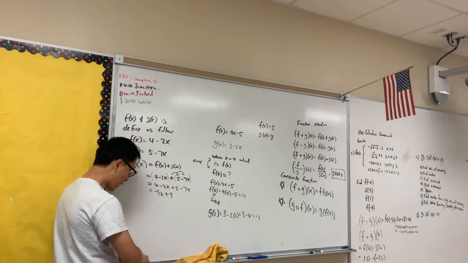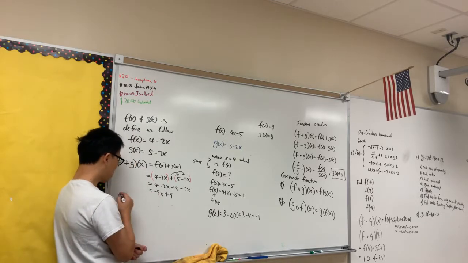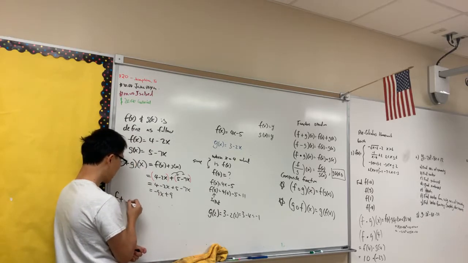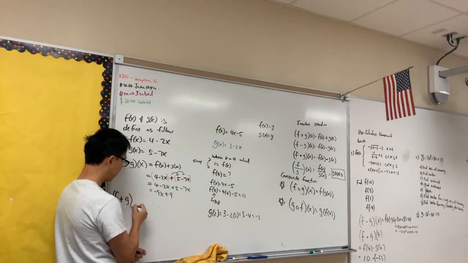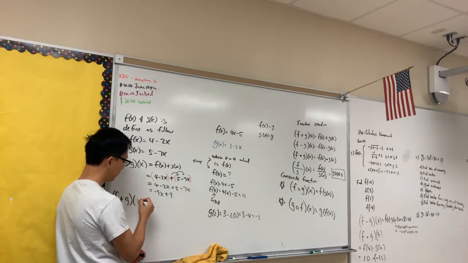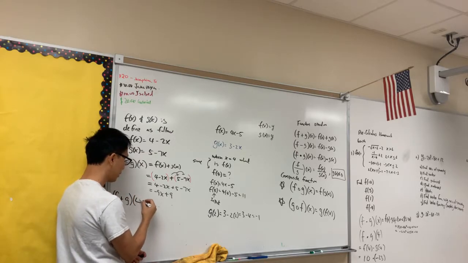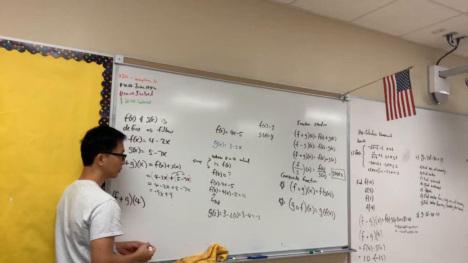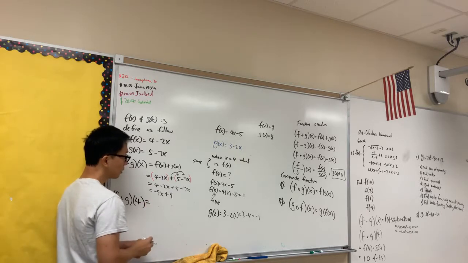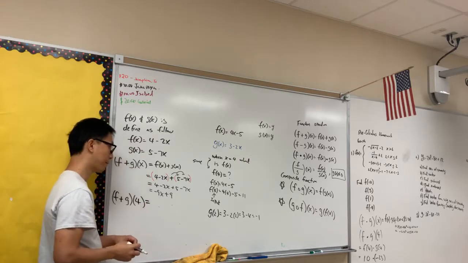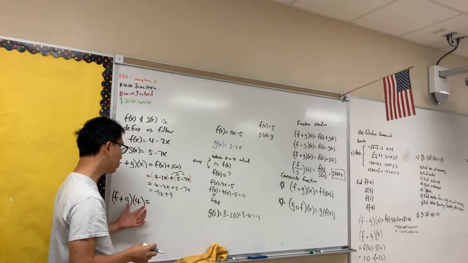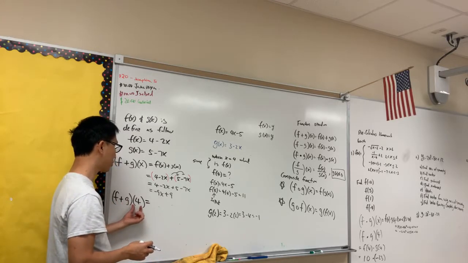Now I can also ask you this. What is f plus g of... give me a number you like, single digit. 4. We're going to say 4. So I'm going to show you two ways to evaluate f plus g of 4.